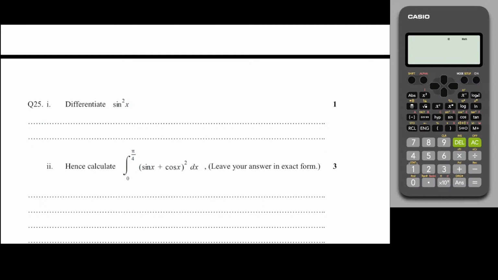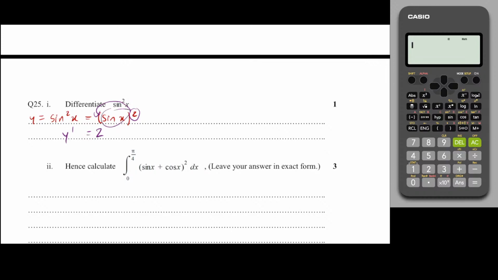So if we call this y, sine squared x is just the same as sine x all squared, right? So how do I differentiate this? Well, you bring the power down the front, so y dash is equal to 2.